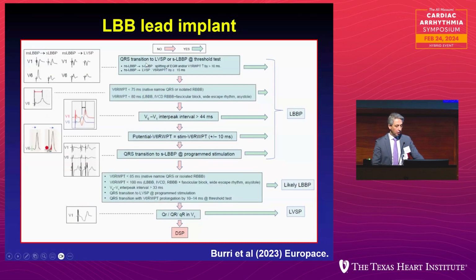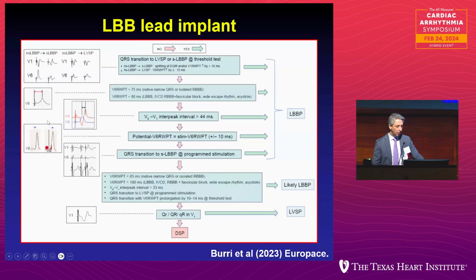Then you can use a number of criteria to establish whether you have conduction system capture. There is not a great degree of agreement on what the best criteria are, but based on current knowledge, this is probably the best outline, recently published by EHRA, and that's what I use in my practice.